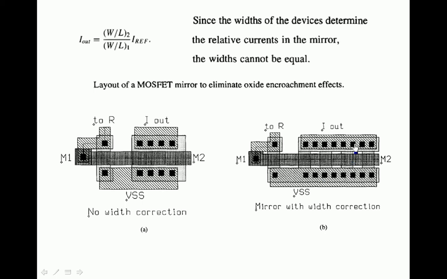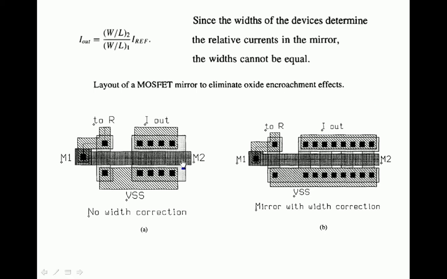Assume the M1 transistor is a unit transistor, and it has been used 4 times to get the M2 transistor. So M2 is made up of 4 unit transistors. This is nothing but width correction.